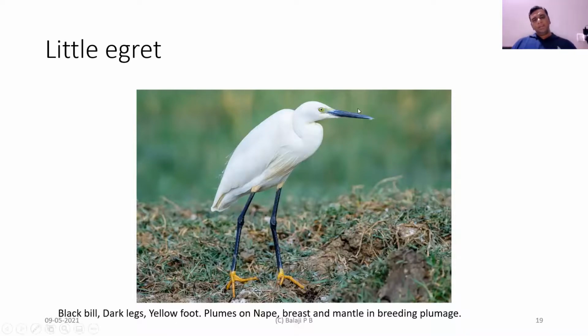So little egrets have a black beak, black legs, and a yellow foot. Sometimes some people prefer to call it the yellow shoe. And in the breeding plumage, the little egret has plumes on the nape.